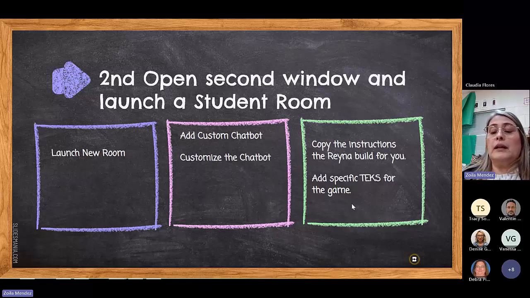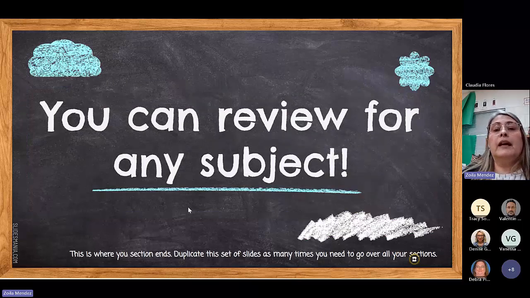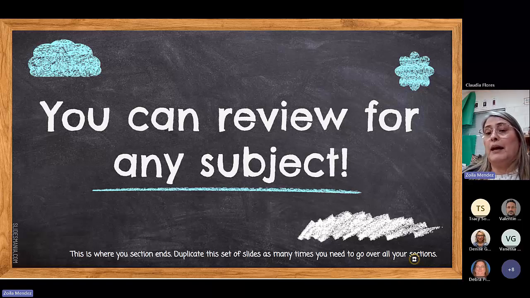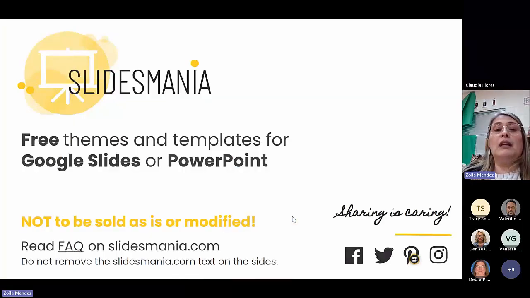I'll show you in a little bit. This can be used to review any subject. Like I said, I tried it for math, and then I tried it for lectura also. All you need is the specific instructions from Raina and the TEKS you want to review. Very easy.